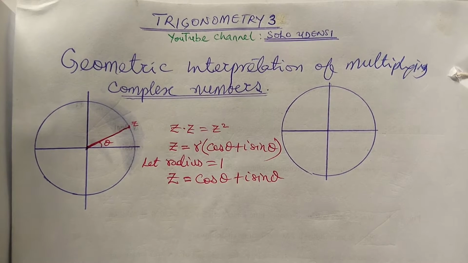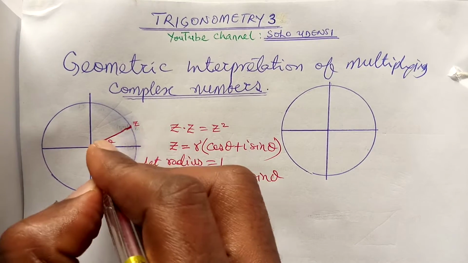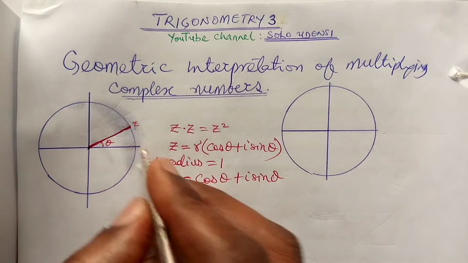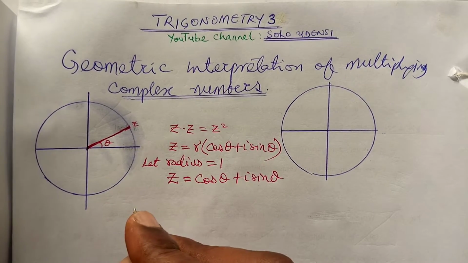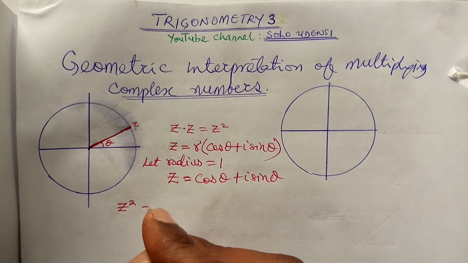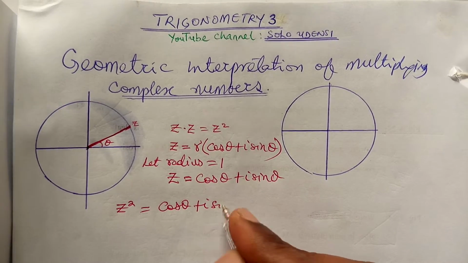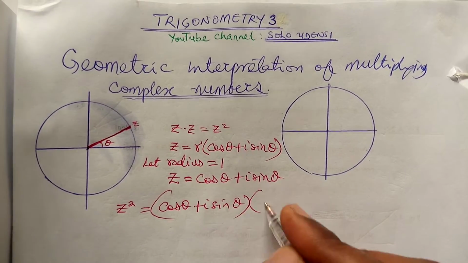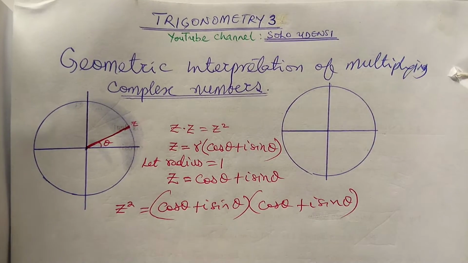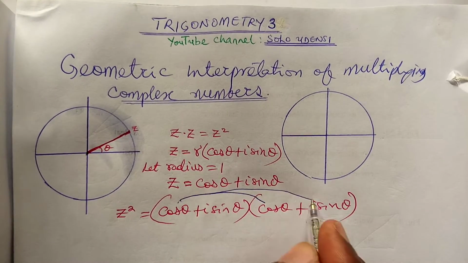So what we are going to do now is multiply the two and see what will happen to this vector, this complex number. If we multiply z times z, that is z squared, we will have cos theta plus i sine theta times cos theta plus i sine theta. We multiply this with that, and that with this.